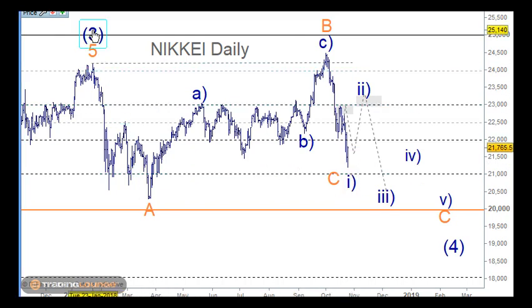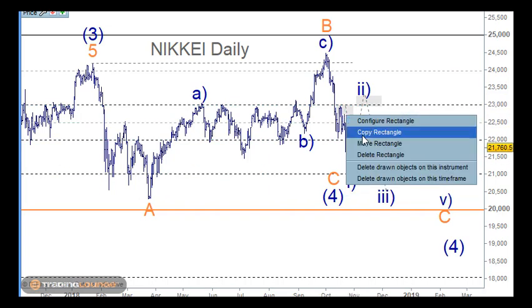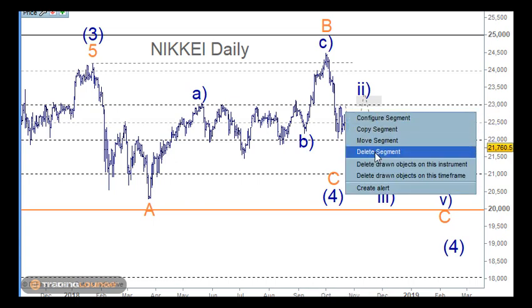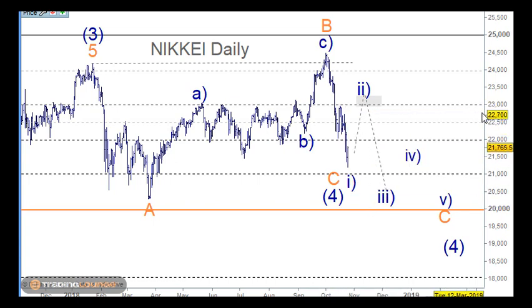So wave 3, an A wave here, B wave here, and a C wave here for wave 4. But it really hasn't come down enough, unless it's going to form some sort of triangle pattern further across here. Let me just clean this up. We don't need this anymore. So our target to the upside will be 23,000 for the Nikkei.